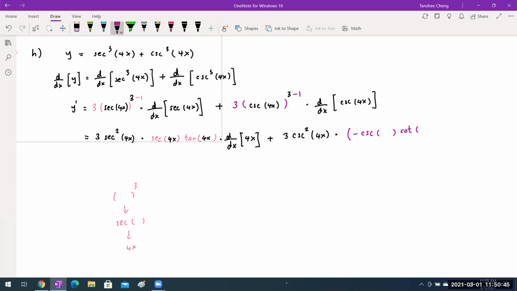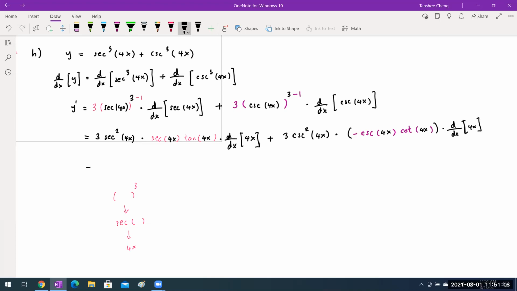So now remember, the inner function of cosecant and cotangent is the most inner function, which is 4x, and times the derivative of the most inner function, which is 4x.